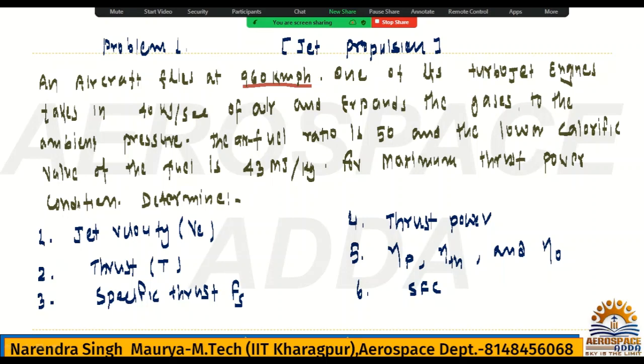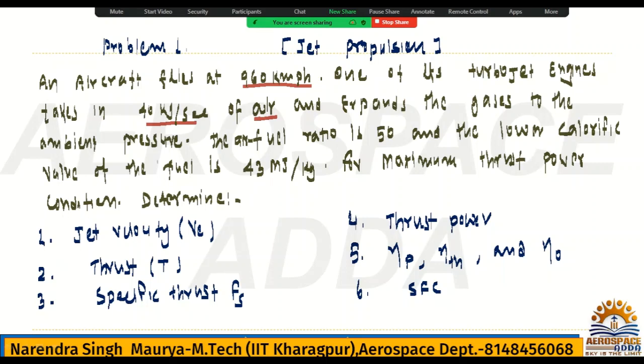One of its turbojet engines takes in 40 kg per second of air. So m dot a is given, and expands the gases to the ambient pressure. So what is the meaning of this? That expansion is fully expansion condition, because ambient pressure means the exit pressure reaches atmospheric pressure. So it is PE is equal to PA, that condition.